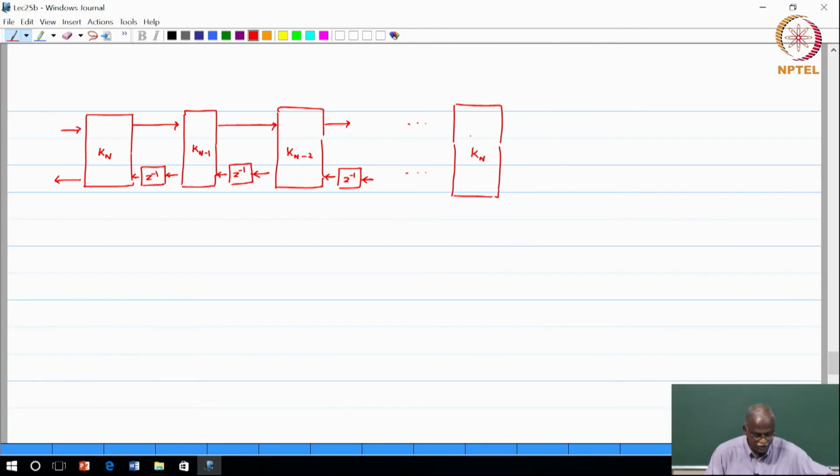This is also a crisscross, and this goes to a transfer function which will be G naught. Let us take G naught to be equal to 1. That is a trivial all pass function, just a constant. And what we have here is z inverse.